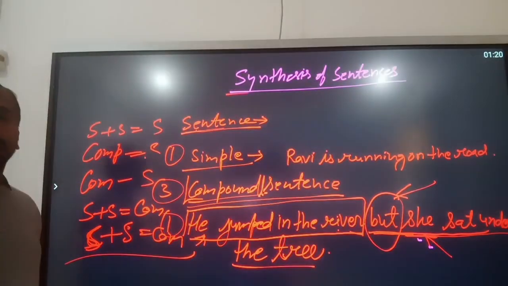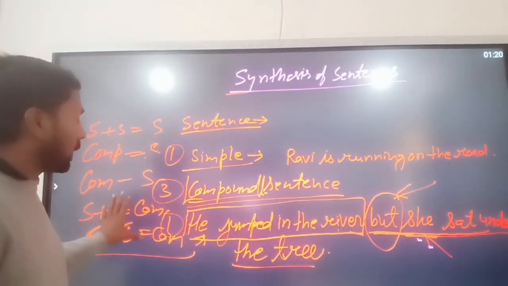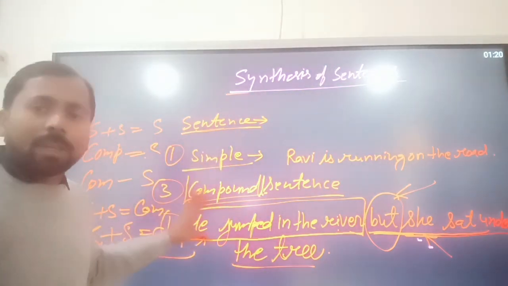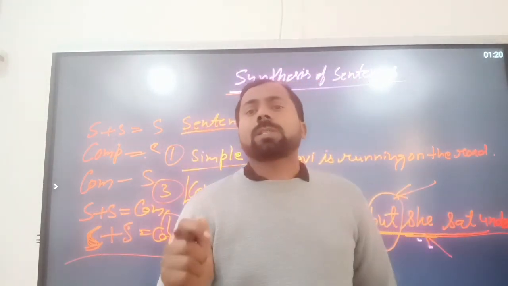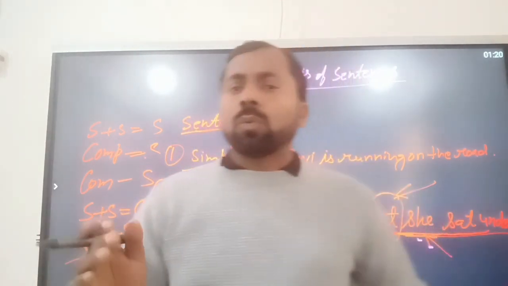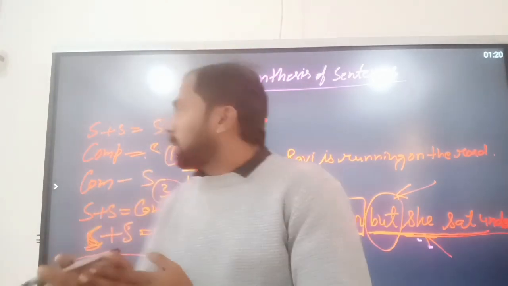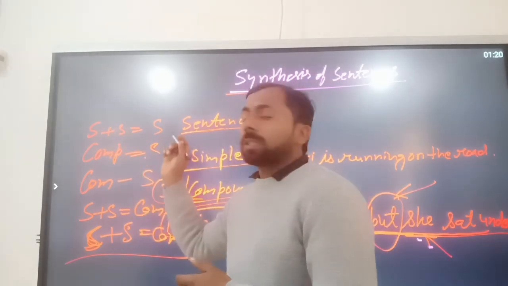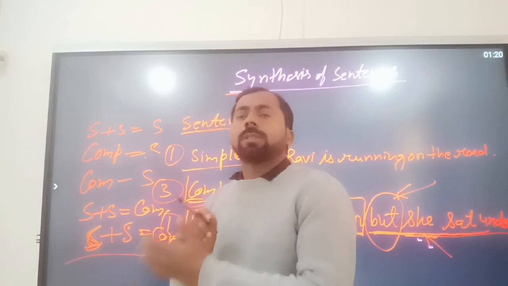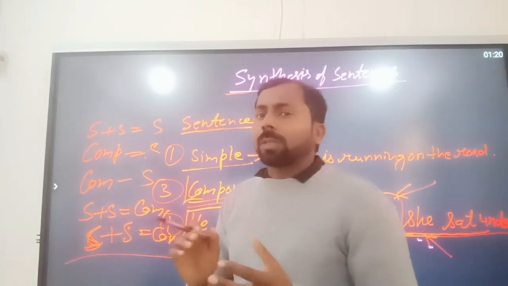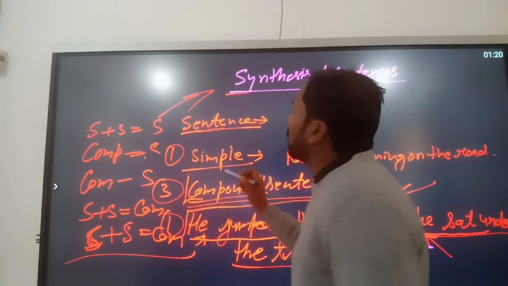It is the process of changing the sentence into a different form, and this is known as synthesis. Synthesis combines two sentences, and these sentences make one simple sentence, a complex sentence, or a compound sentence. Before learning this synthesis form, we have to have knowledge of the sentence.